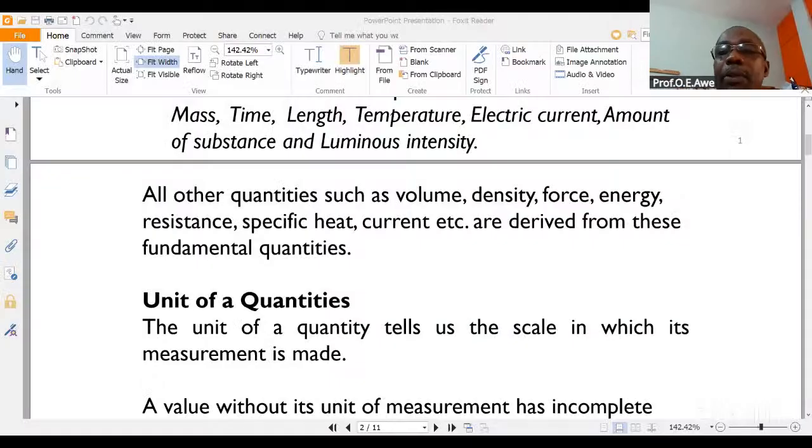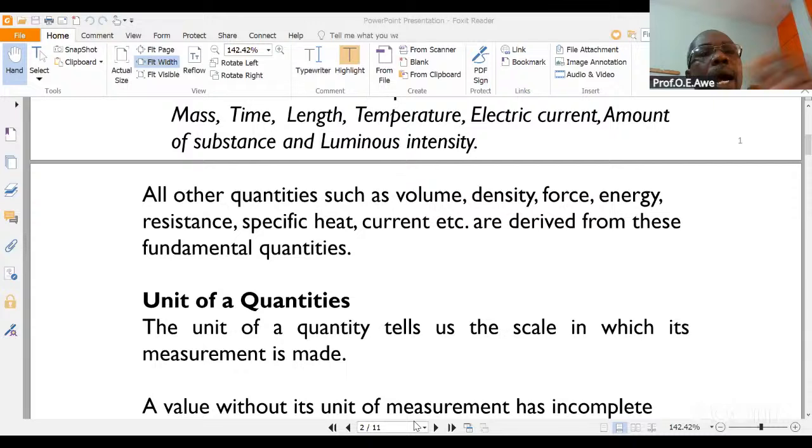Okay, so unit of quantities. Sorry, my network is fluctuating, but I'm back. Now, what do we mean by the idea of unit of a quantity?